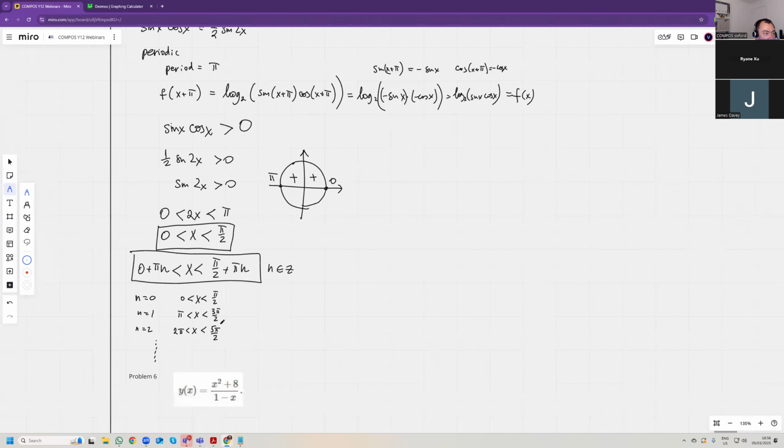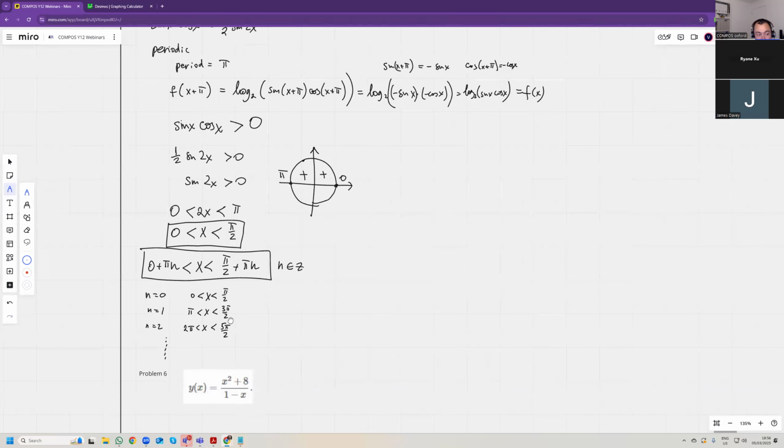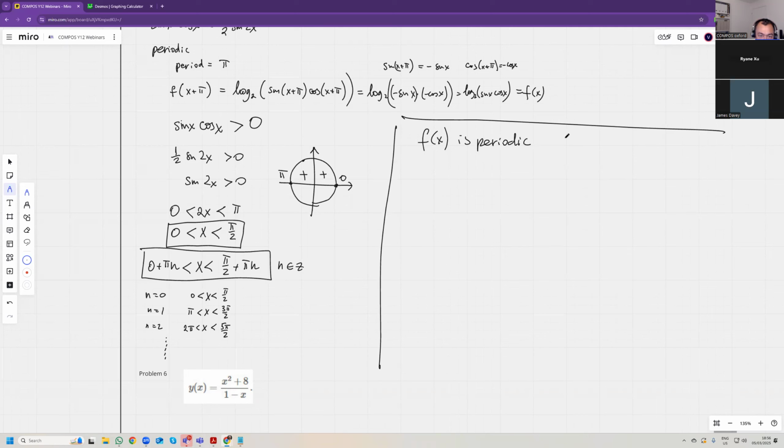But we only need to look at one interval. Since the function f of x is periodic, we only need to investigate it between 0 and pi over 2, because it just repeats itself.